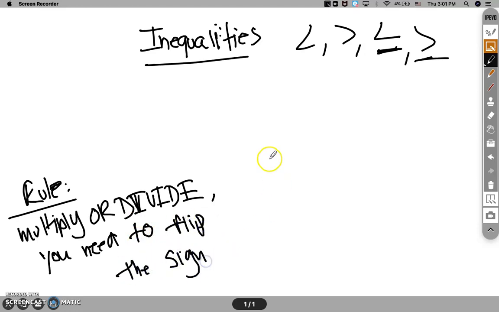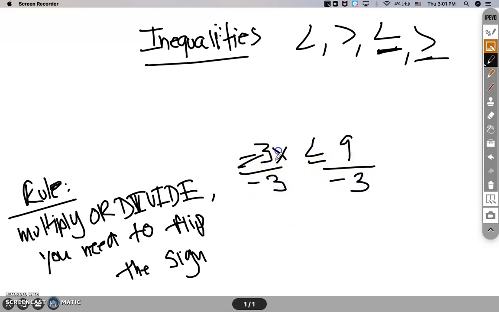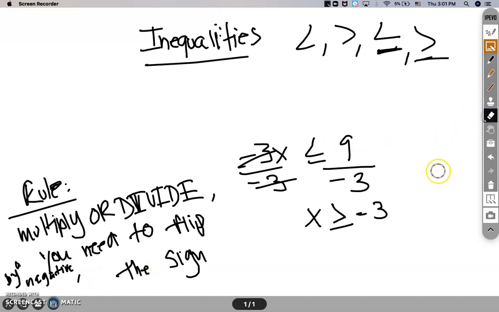So say, for example, I had negative 3x is less than or equal to 9. If I divide both sides by negative 3, then I have to flip the sign to a greater than or equal to negative 3. And you only need to do this when you're multiplying or dividing by a negative number. So when you're multiplying or dividing by a negative, you need to flip the sign.